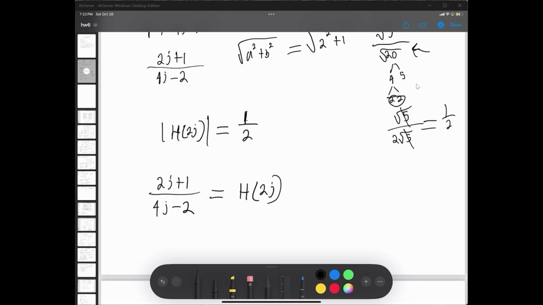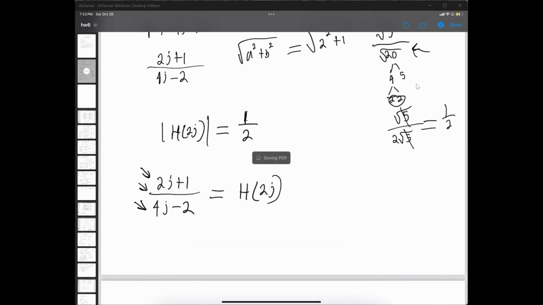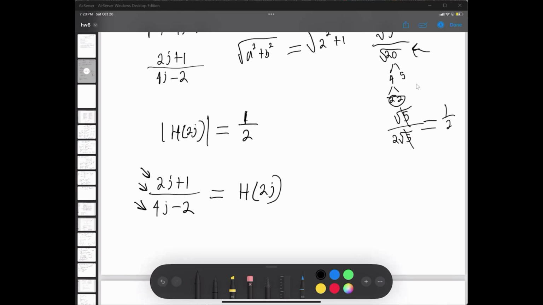That's going to be the angle of the top minus the phase angle of the bottom. When you have it in phasor form, division symbolizes subtraction for phasors. And we're more concerned about the angle, not the magnitude, because we already figured that out.